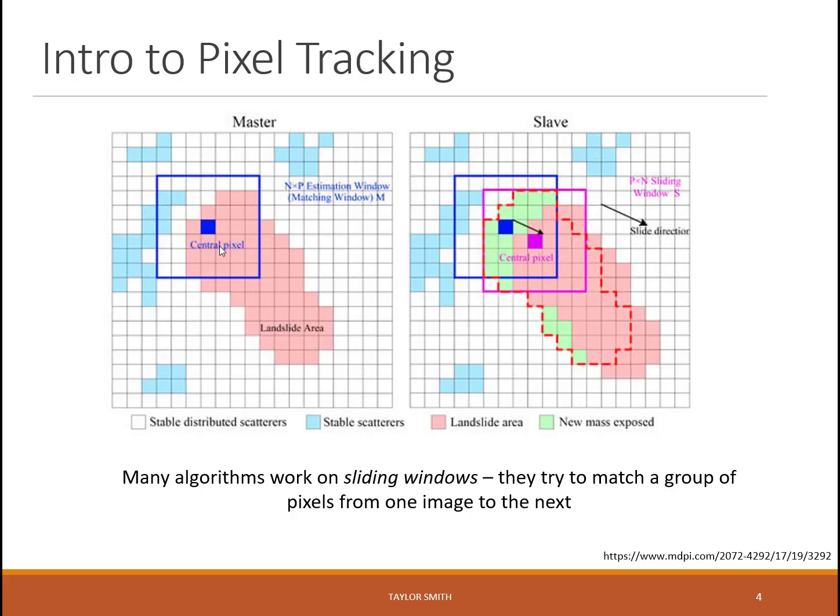Let's try to match the content of this box to the location in this image. And if we see that this zone is now a little bit further this way and a little bit further this way, we know that there was some movement. And based on how many pixels each box has moved, we can figure out how fast it is.